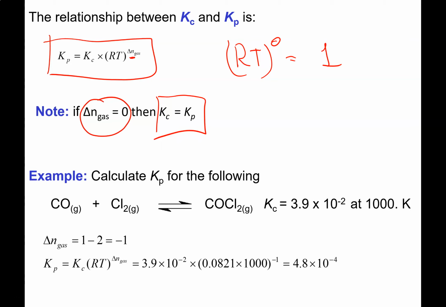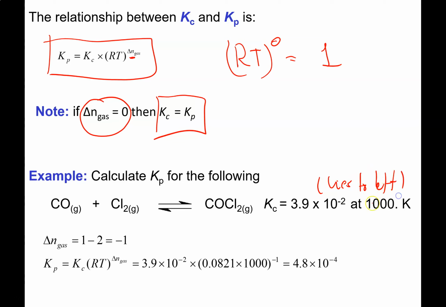So here we go, we have this gas phase reaction. Carbon monoxide gas plus CO2 gas is in equilibrium with CO2 gas, and Kc for this is 3.9 by 10 to the -2. So this one lies to the left.